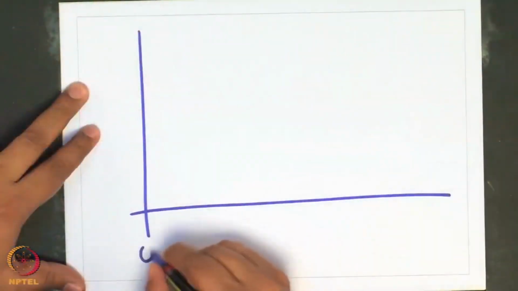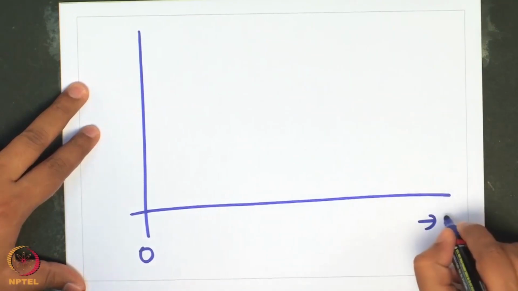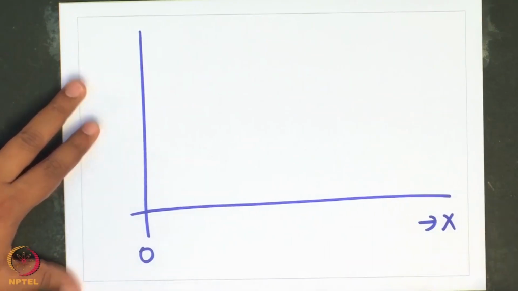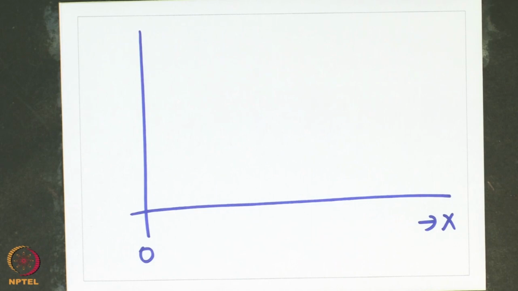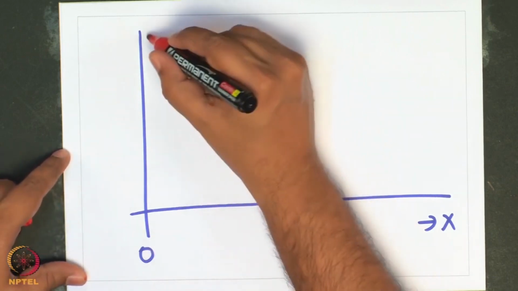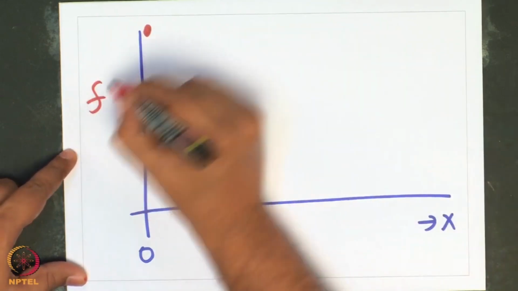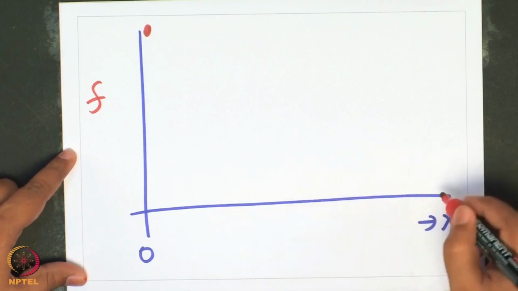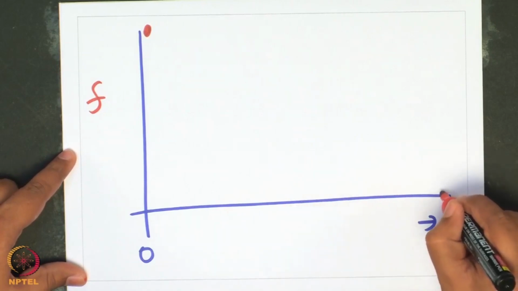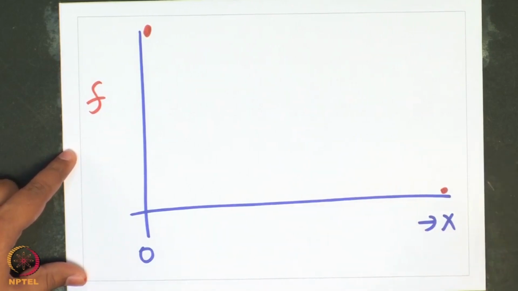So, let us say we want to draw from 0 to some large value of x, and one thing we know is that at a very small value of x, the function has a very large value, and when x is very huge, the function would reach almost 0.